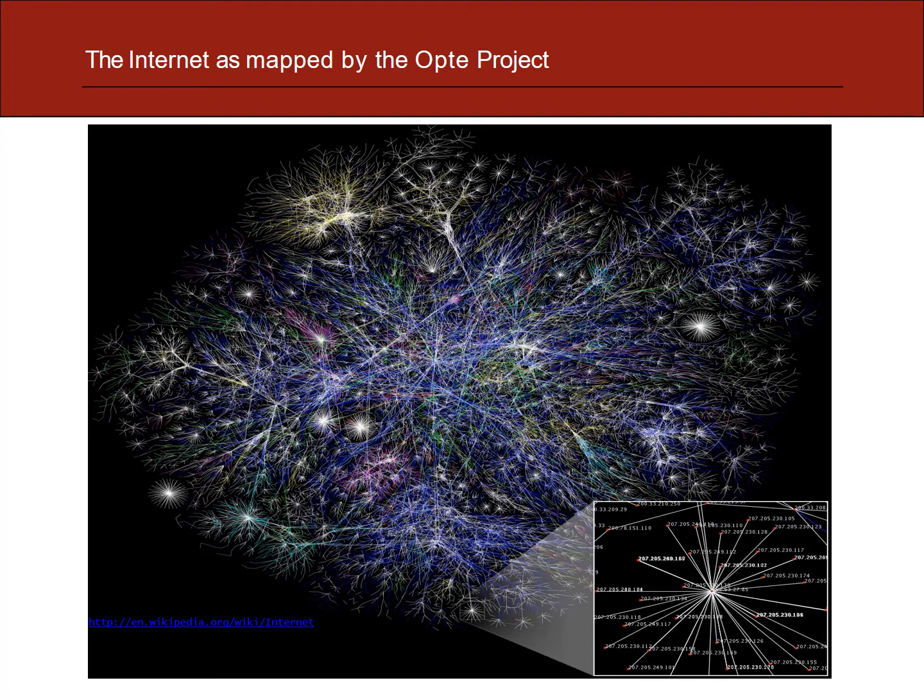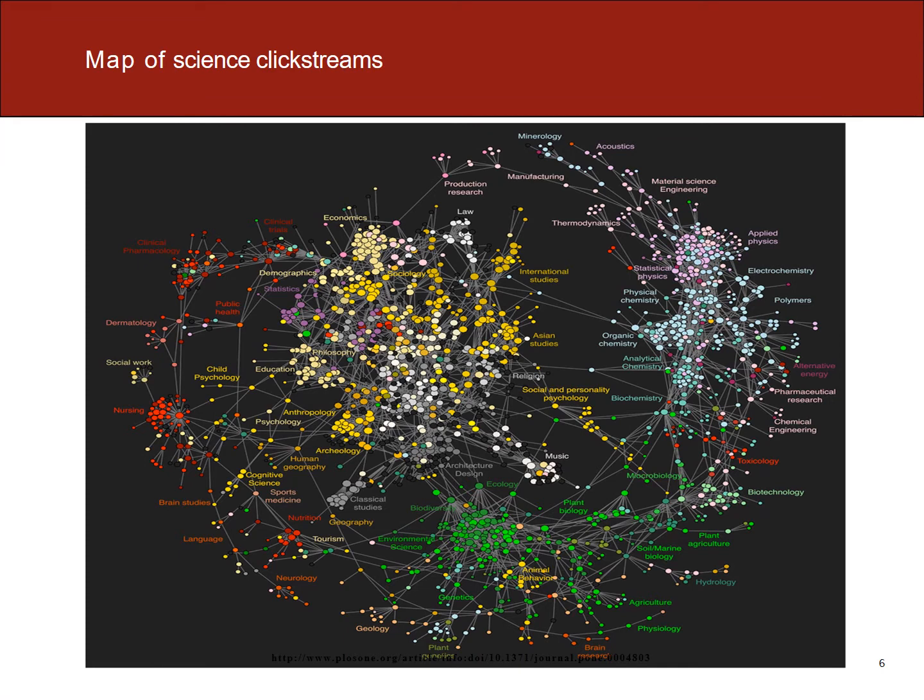So is the next one, the map of science clickstream. Clickstream is a new word that you are getting for the first time. Clickstream is nothing but every time that I click on the mouse or press on the pad while I'm traversing through the internet.